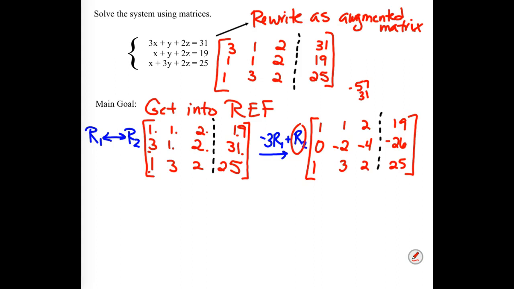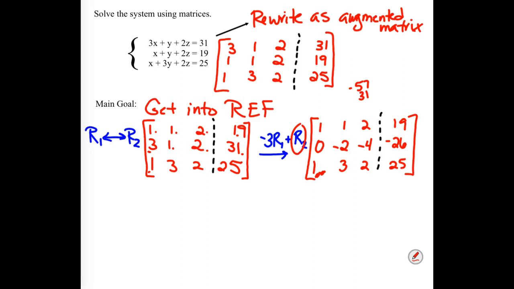Okay? I'm still working on that first column, trying to get it to be a 1, 0, 0. So now I have to do something to get this 1 here to be a 0. What could I do? So I could take row 1 minus row 3.